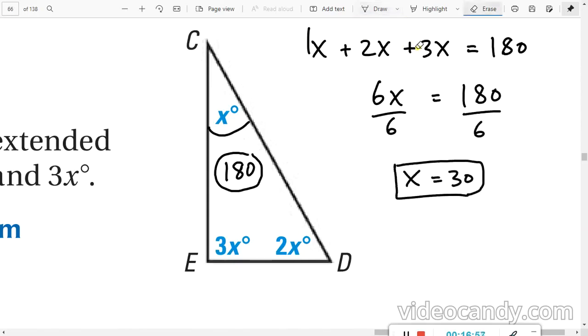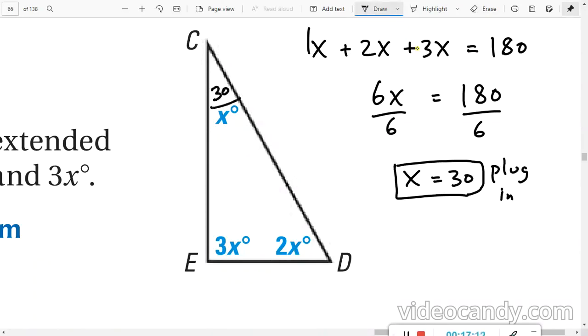And of course, in order to find each angle, you want to take the 30 and plug it in. So x right here is just 30. And if you plug in 30 right there, 3 times 30 is 90.